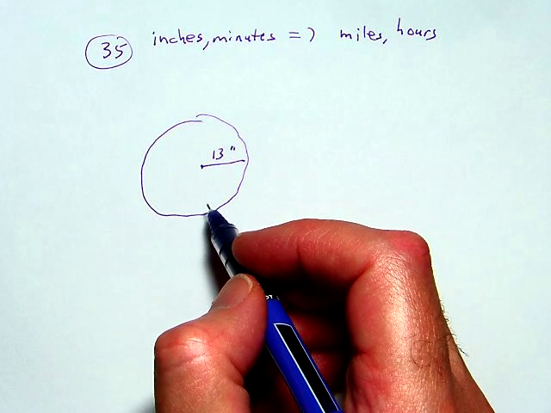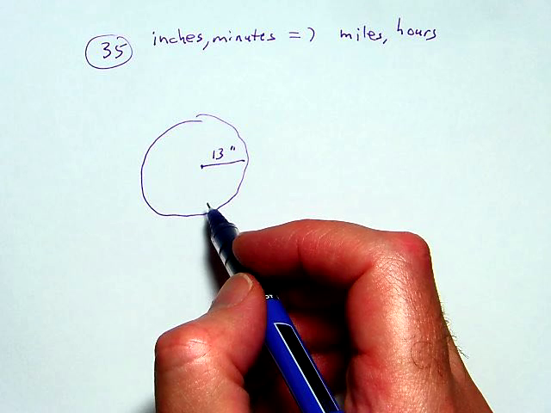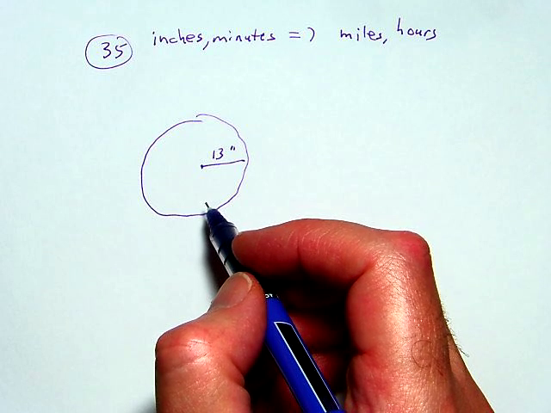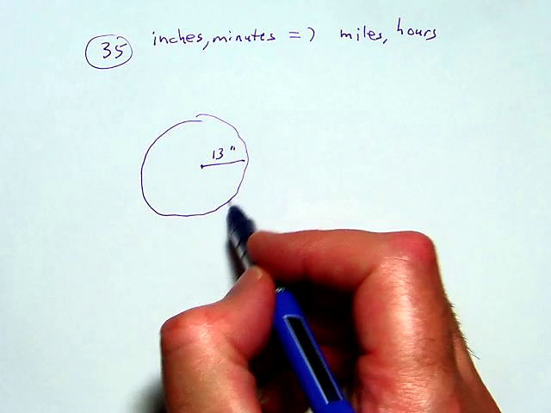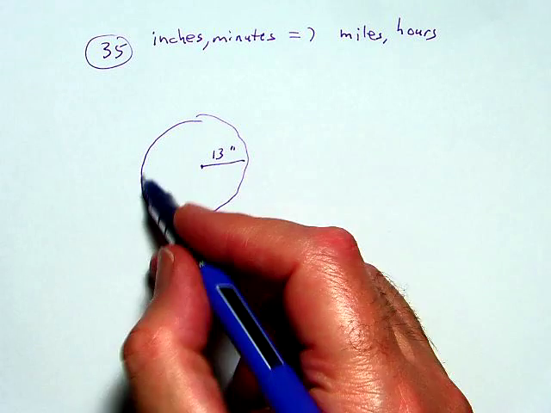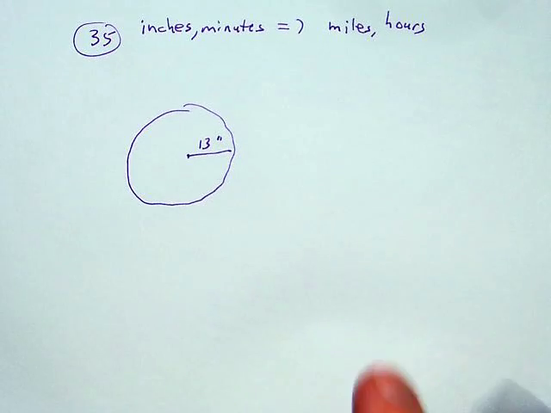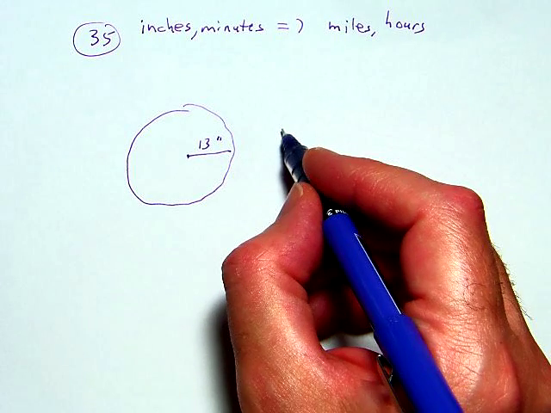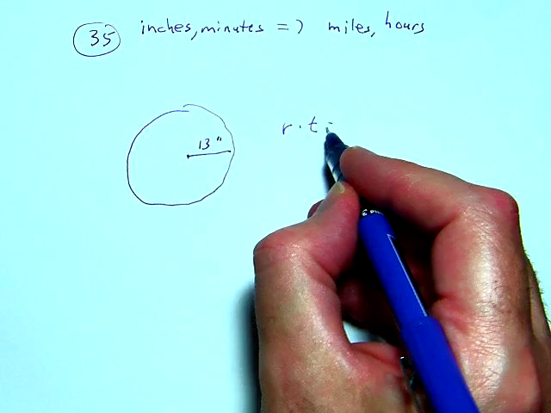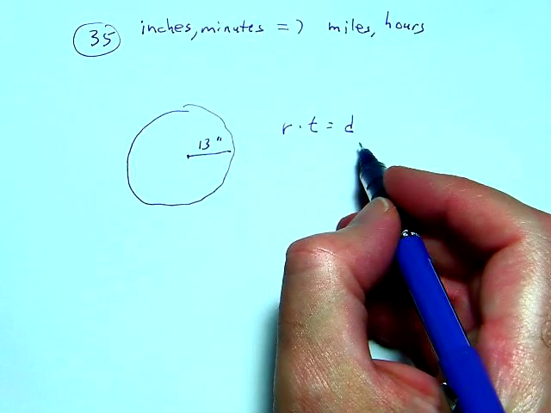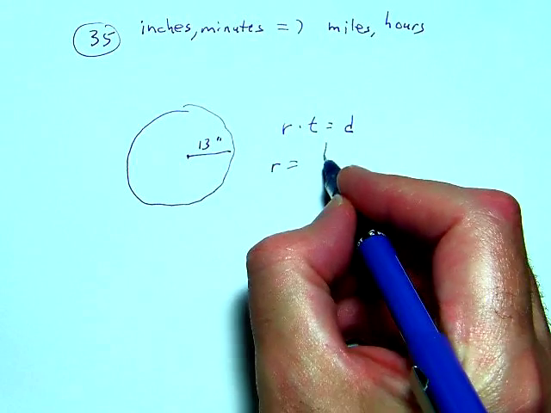So the tires are turning 200 revolutions per minute, and in each revolution that the tire turns, it's going one circumference. This is very similar in some ways to the problem we just did. Again we have rate times time equals distance, and if we're solving for rate, we have distance over time.